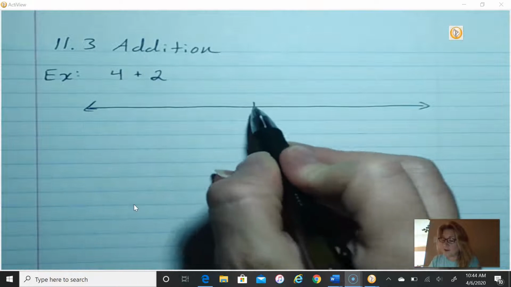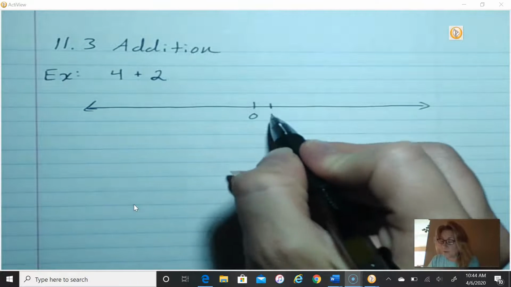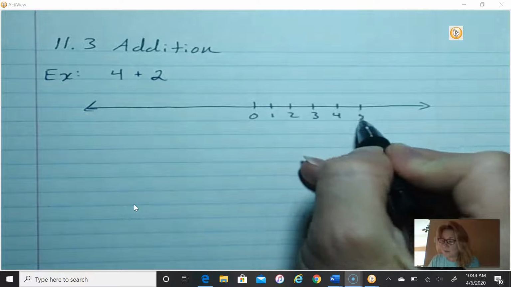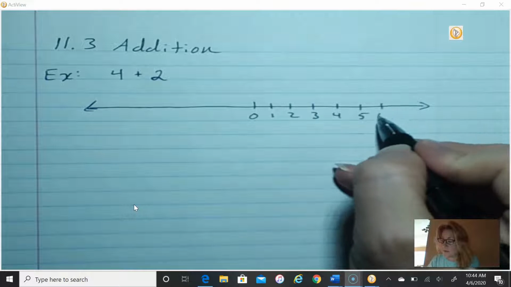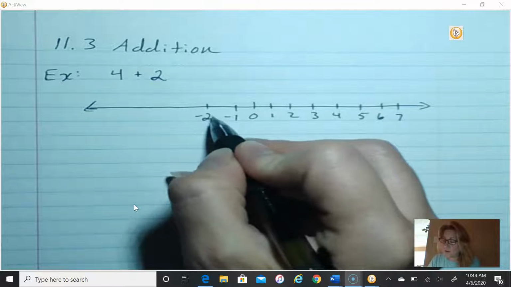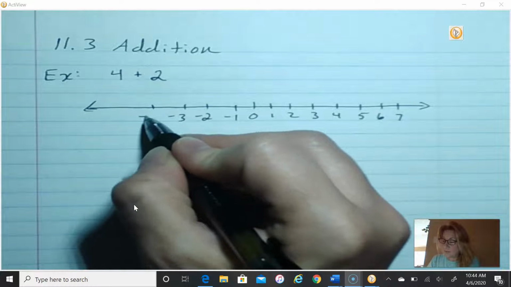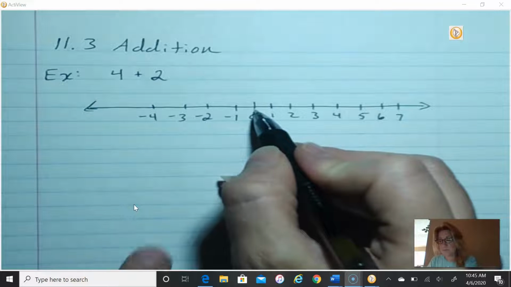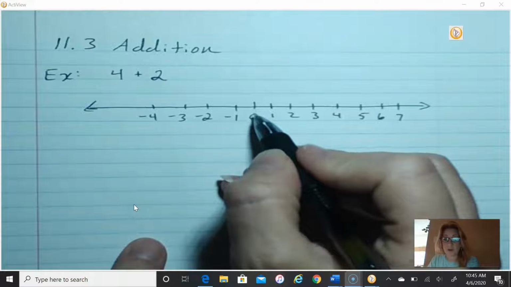guys, you know there's more coming, so bear with me. This is probably going to take me a while just because I got to keep drawing the number line over and over. Okay, when you have a math problem, you start at 0. Okay, from now on.